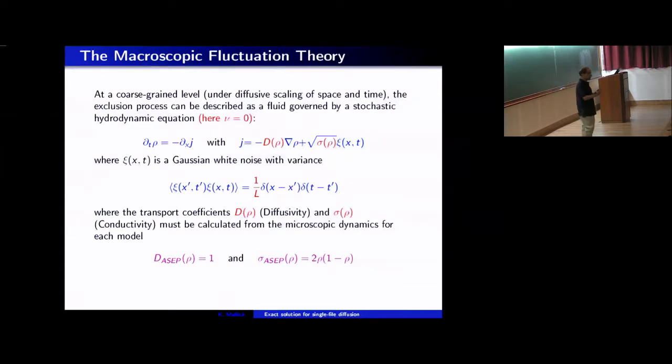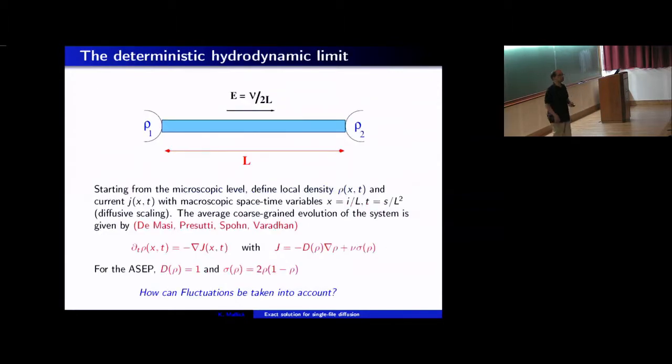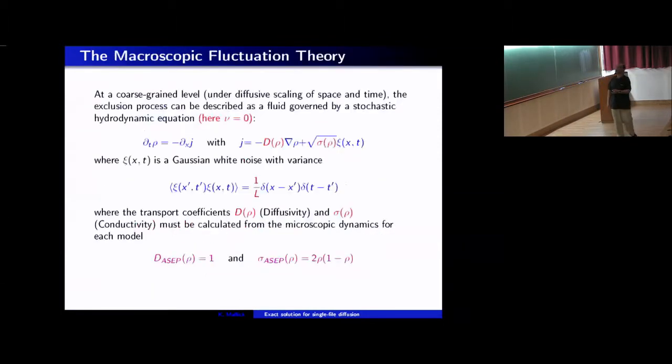So now you have a fluctuating stochastic PDE that describes your system, and the noise is small. The noise amplitude overall scales as one over the size of the system. So to wrap everything up, if I want to understand the large-scale behavior of the system, I just write this stochastic PDE, okay?